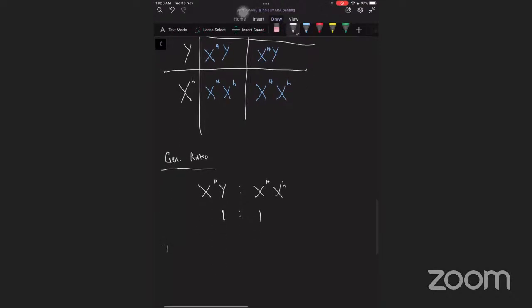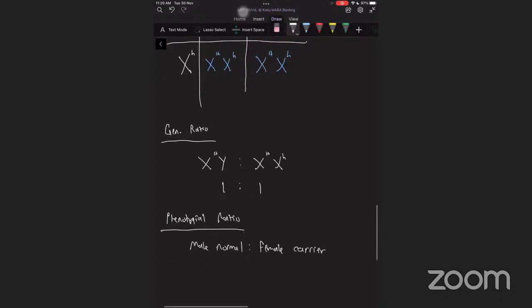So when we look at the phenotypical ratio, there is a normal male crossed with a female carrier, with a ratio of 1:1.